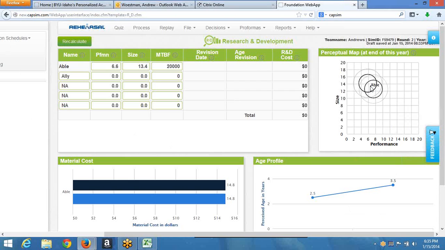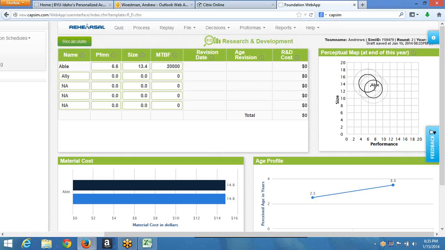So Able will stay right here, but this map, these circles that show what people want, will actually drift farther this way because people want a smaller size with better performance. So Able over time is going to fall back on what people want.